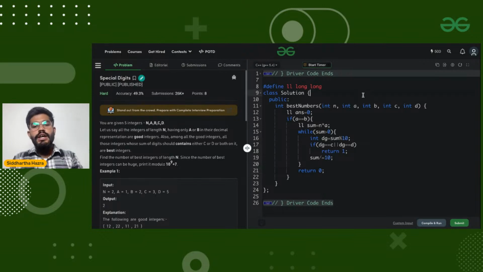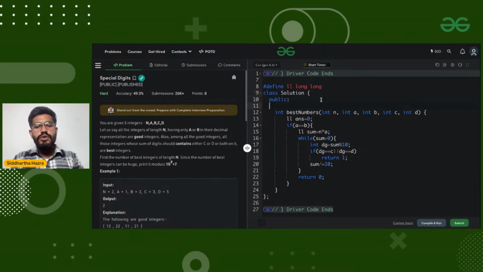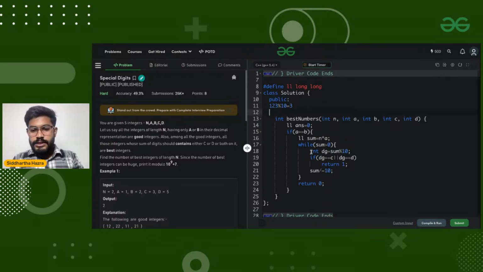Now what I'm doing, let's say we have 1 2 3. 1 2 3 modulo 10 would give me 3, that is the last value. Then we are dividing it by 10, so now we have 12. 12 modulo 10 would give me 2.